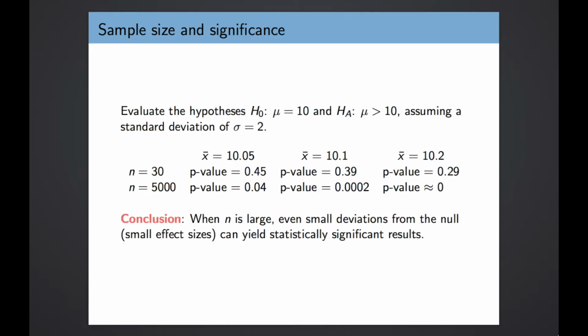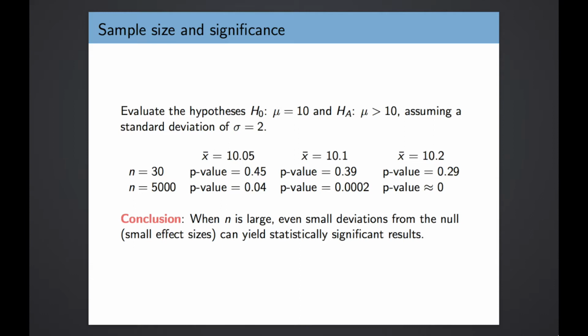If we observe a sample mean of 10.05 when the sample size is 30, our p-value is 0.45, so not significant. When our sample mean is 10.1 and our sample size is 30, our p-value is 0.39, so not significant. And when our sample mean is 10.2, with the smaller sample size, the p-value again is 0.29, not significant.